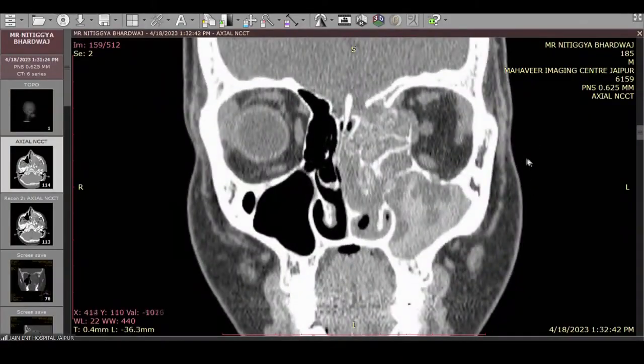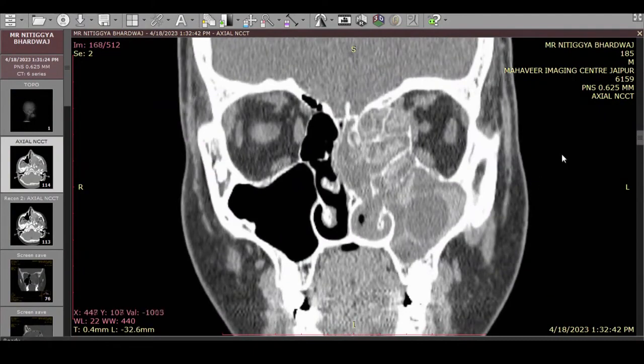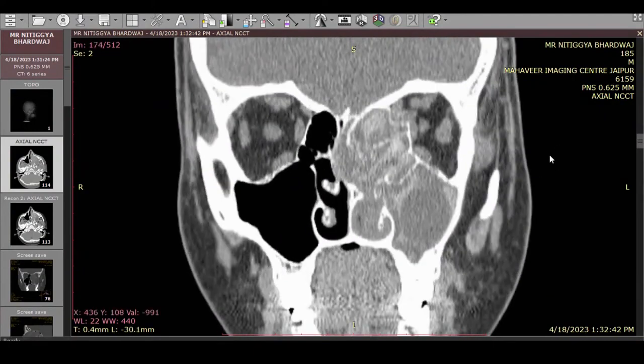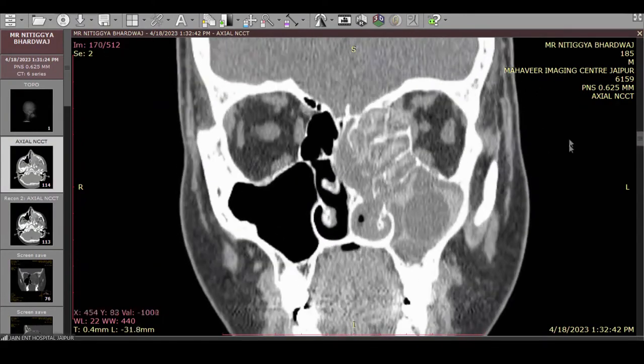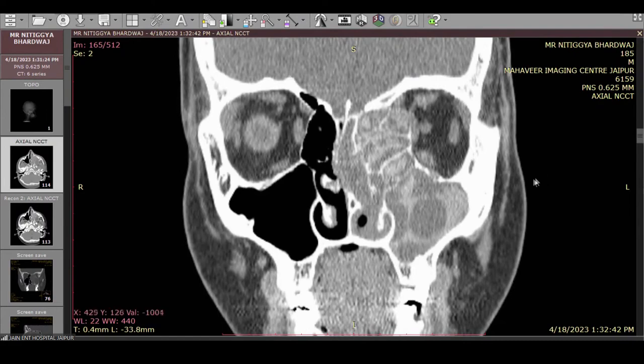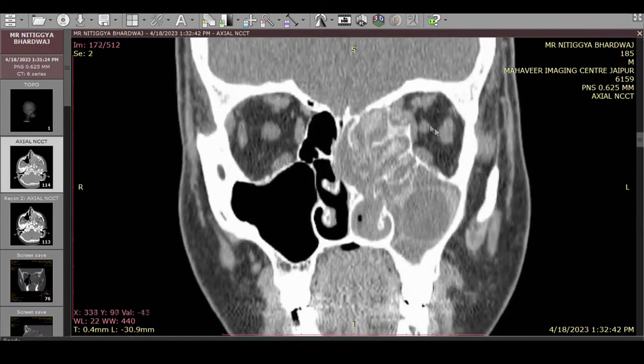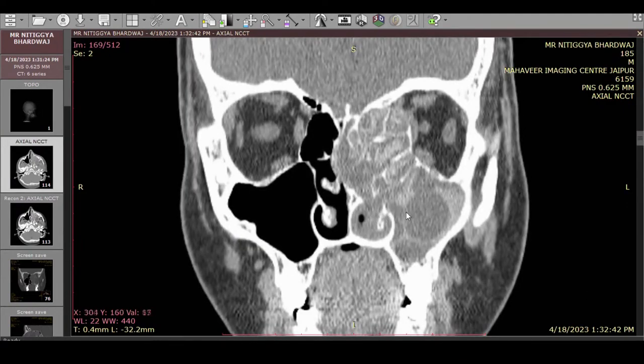As I told you, this is classically seen in young patients as unilateral disease most often, though we have a case of bilateral AFRS also. And male patient, immunocompetent patient, and see the kind of disease with heterogeneous densities. Heterogeneous densities signifying the fungus and the mucin both together.